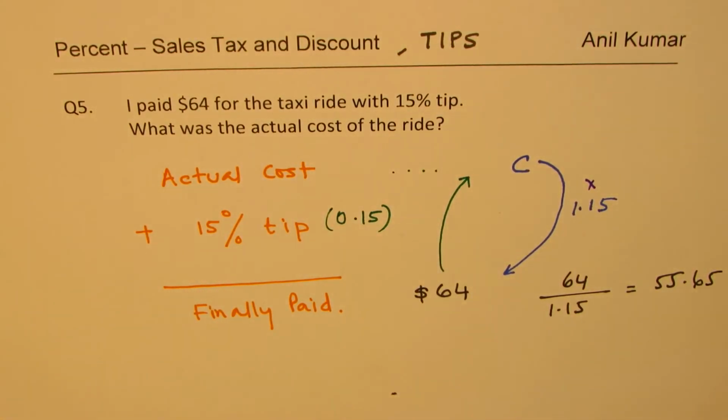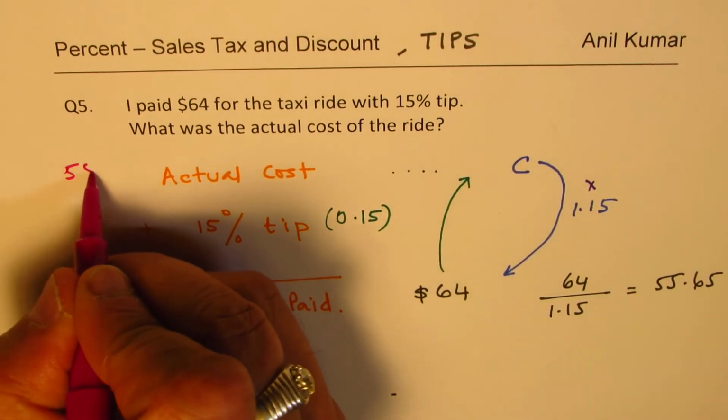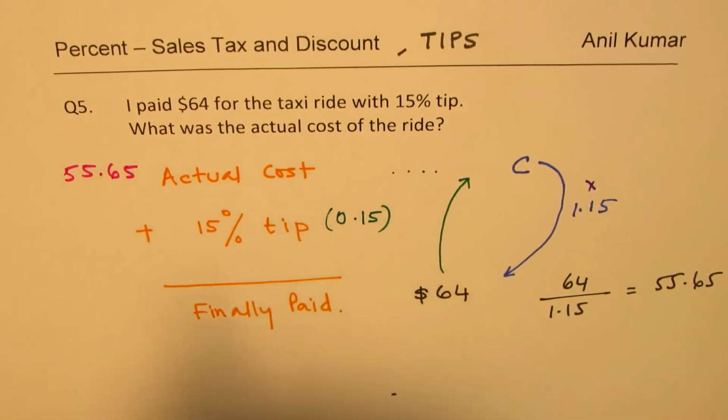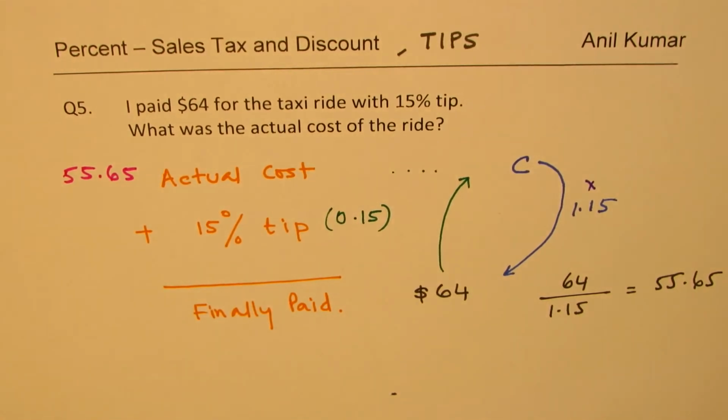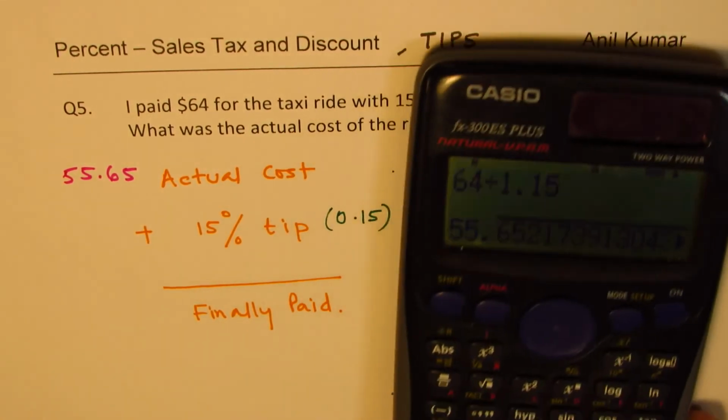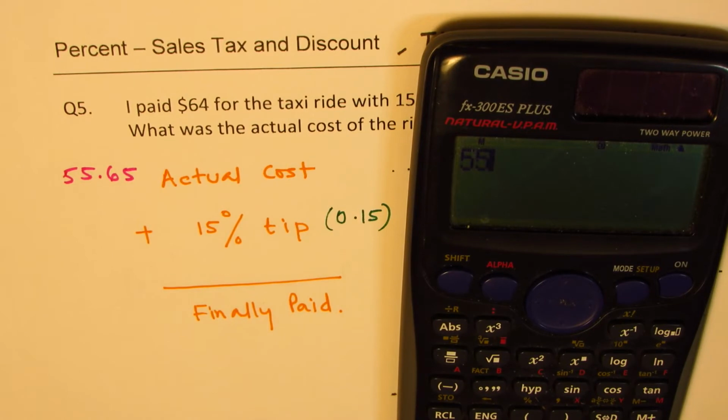So what we can do is kind of do a reverse calculation also. So we have done this. Now let's figure out if this price is 55.65, then what is 15% on this? So we are trying to check our result, right? So we have 55.65.